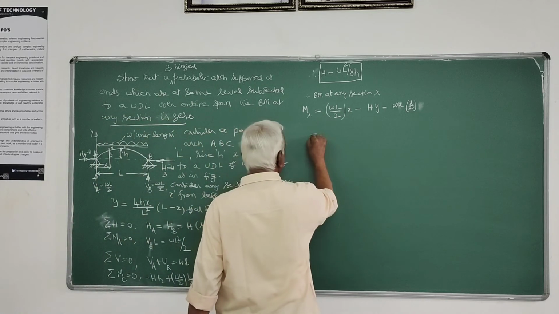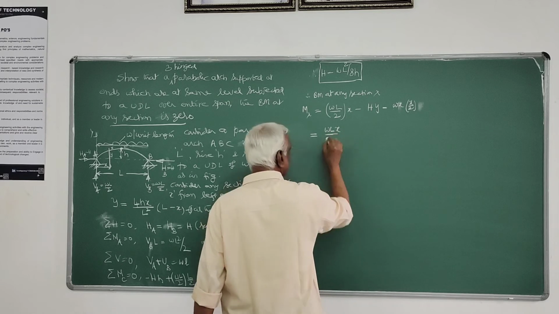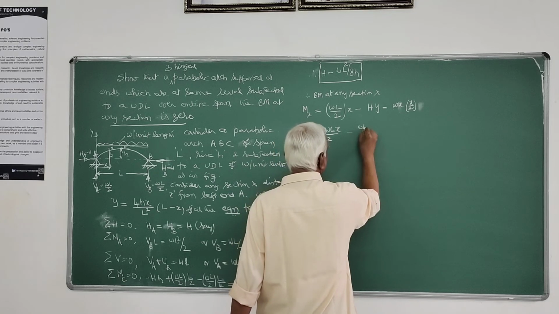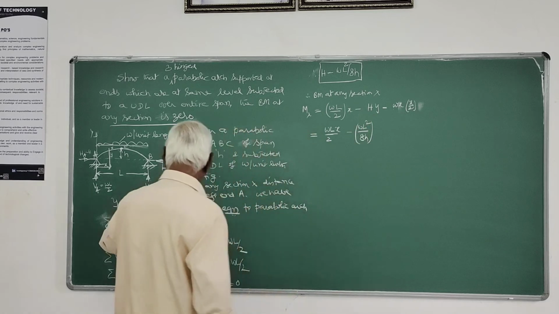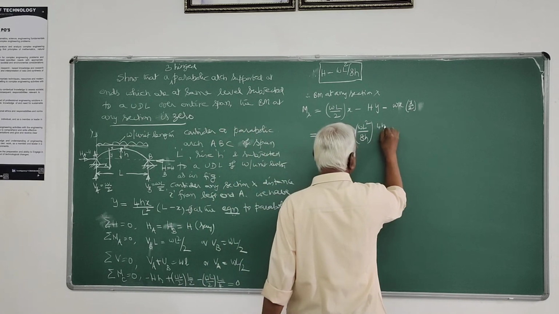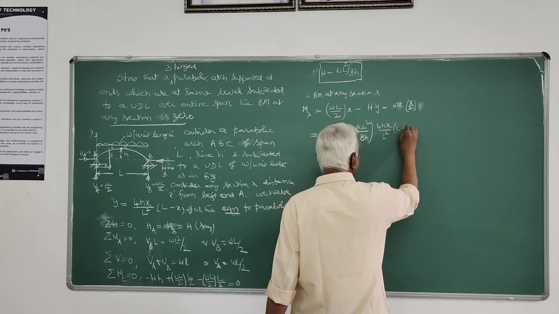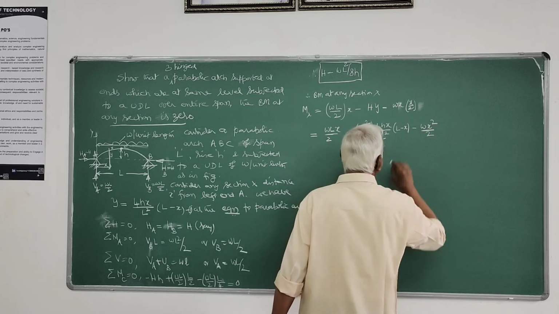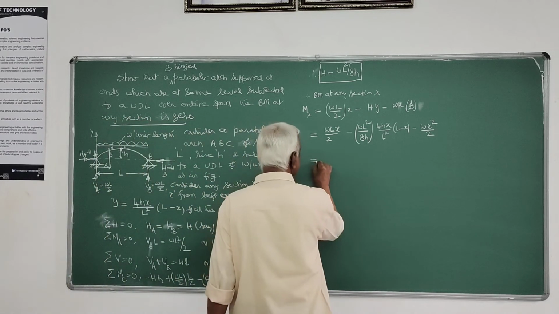So you put the value: WL by 2 into x, that is WLx by 2; H is WL square by 8h; y is nothing but 4hx by L square into L minus x; and minus WL square by 2.